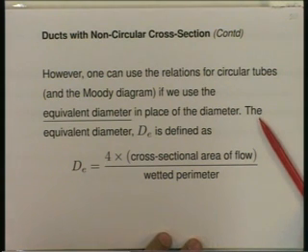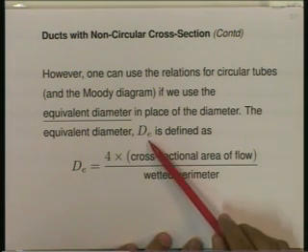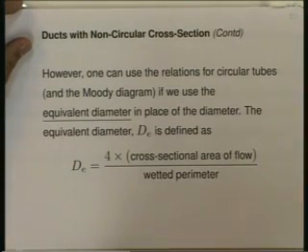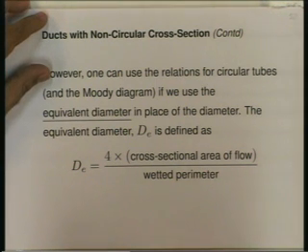The equivalent diameter dE, sometimes also known as the hydraulic diameter or the hydraulic mean diameter, is defined by a simple relation.